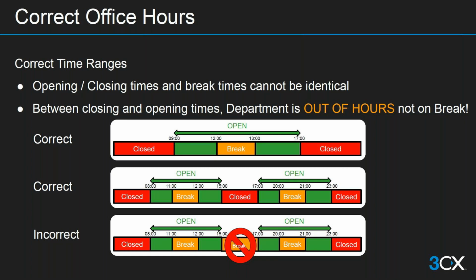But if I want to have it closed, I have to set the office hours until 3 and then from 5 onwards. Everyone understand that?